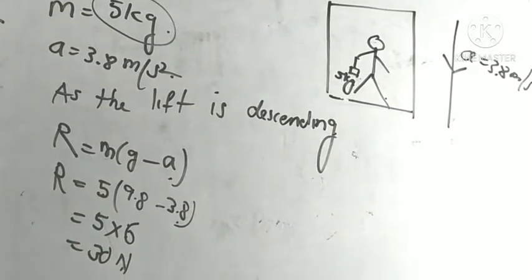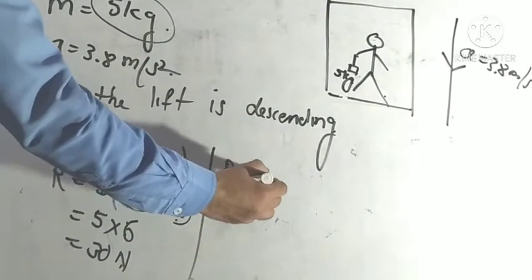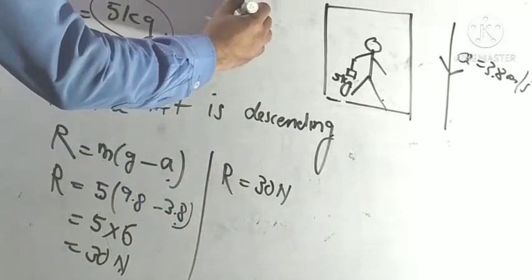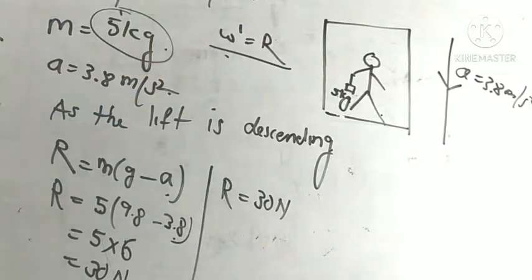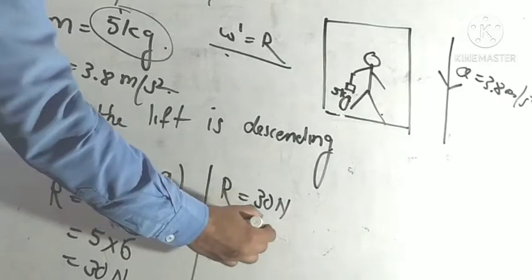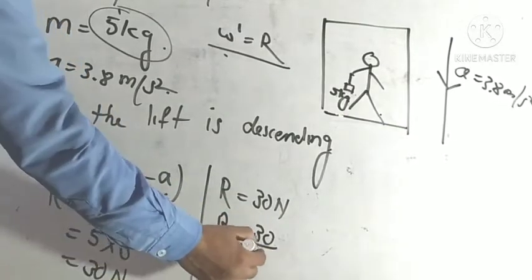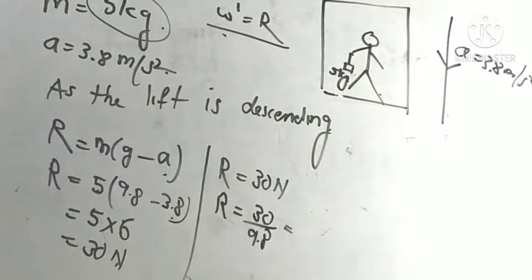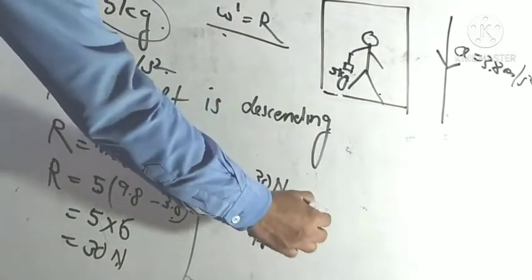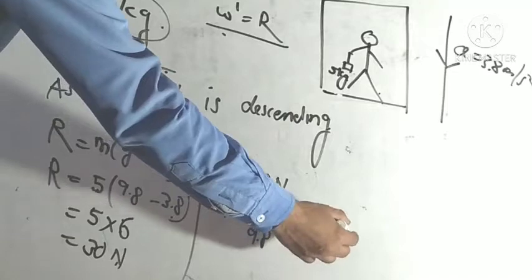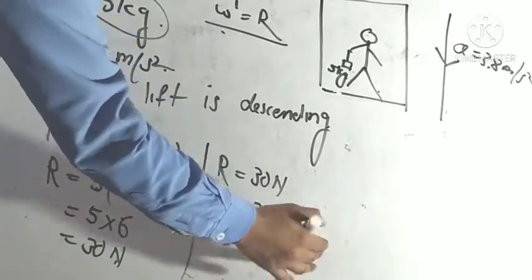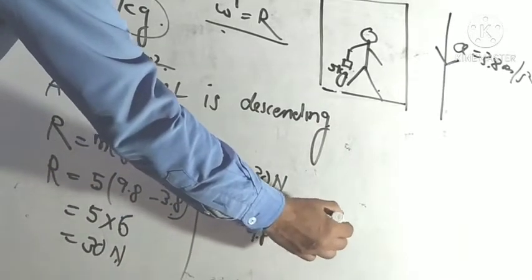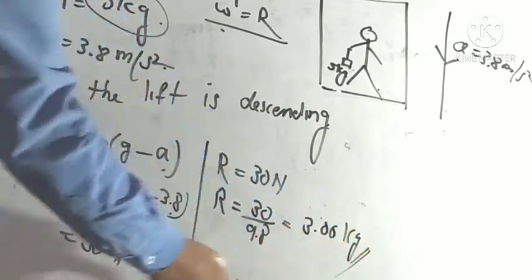So R is equal to 30 Newton, and W dash, I mean apparent weight, is equal to R. We divide 30 upon 9.8, and finally we get the value 3.06 kg. So this is our value.